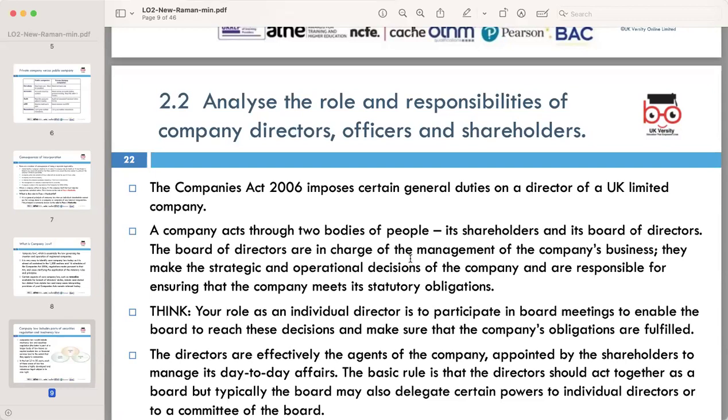They make crucial decisions, ensuring strategic and operational success while meeting statutory obligations. Directors act as agents appointed by shareholders, collectively making decisions in board meetings. Delegation of powers to individual directors or committees is very common.